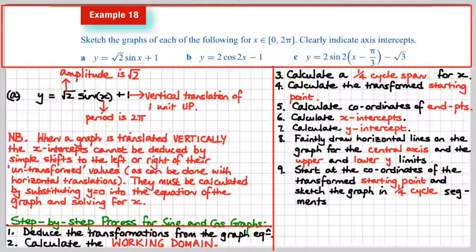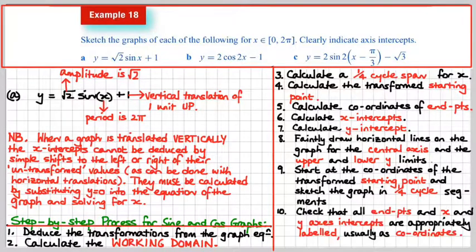From the uppermost point back to the central axis, it'd be another quarter cycle, or from the central axis to the lowest point, etc. You know what I mean? And 10th point on the list is we check that all endpoints and x and y axes intercepts are appropriately labelled using their coordinates. And lastly, if this wasn't enough, we label the graph with its equation.